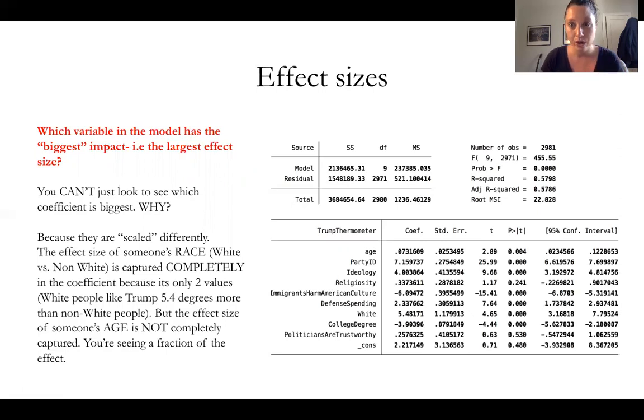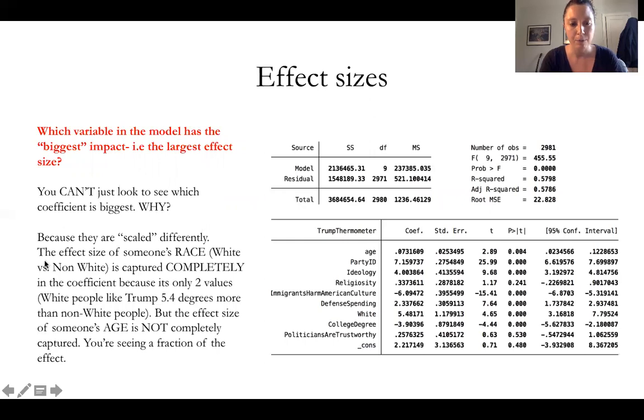Now, the intuition is, well, I just look at the column for the coefficients, and whatever number is the biggest, that's the one that has the biggest effect. Technically, that could be true, but we actually can't do that. Why not? We can't do that because all of these variables are scaled differently.